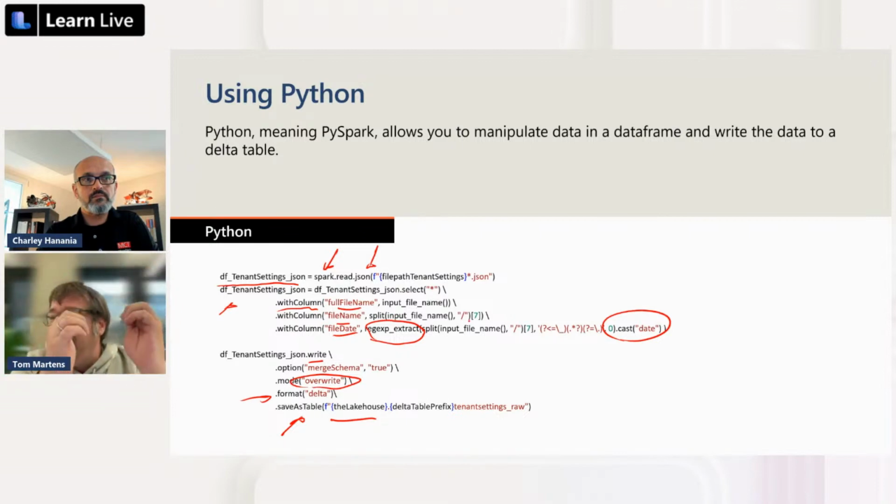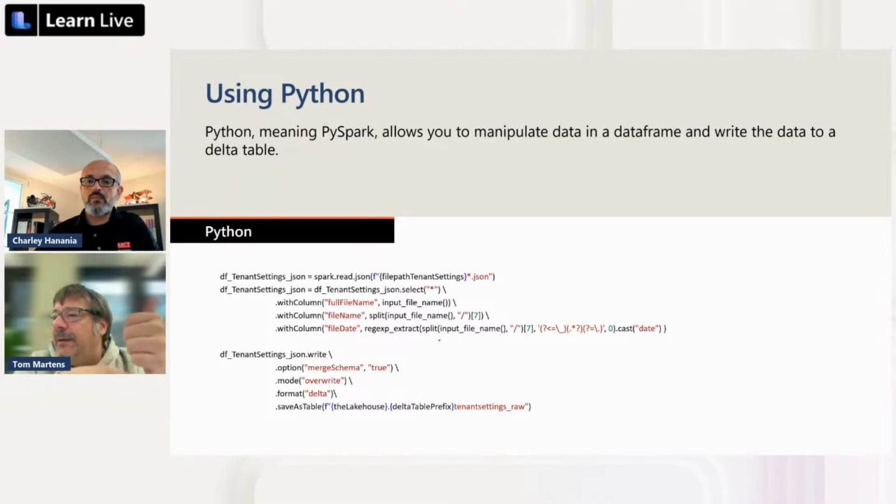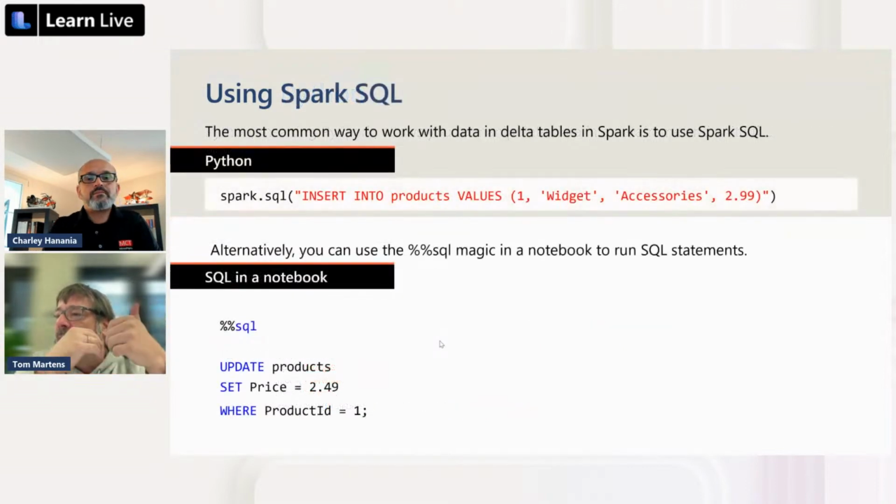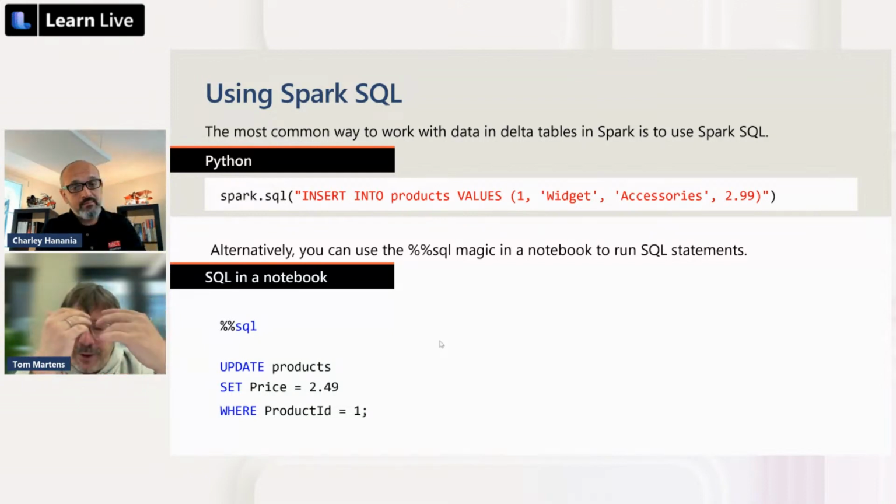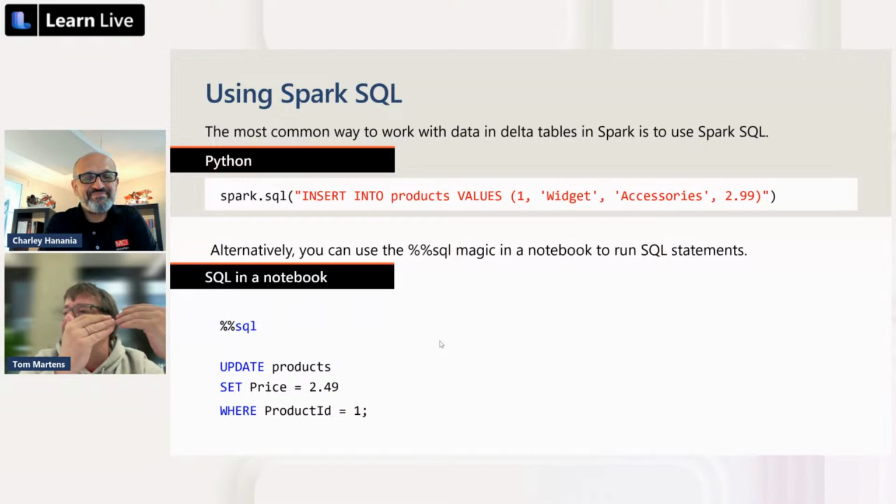I'm creating delta tables based on the Parquet file format because I'm using the format delta in the last setting. If I'm not that familiar with this, I can also use Spark SQL. I do not have to use Python if I want to do something.